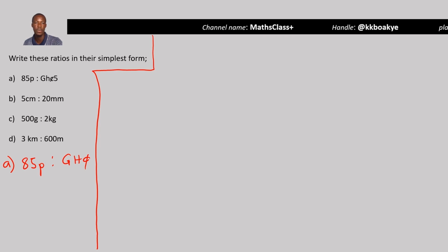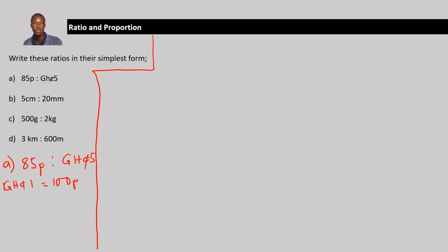We can't work with pesewas and cedis, so we need to convert one of them. And so we remember that 1 cedi is equal to 100 pesewas. So to get 5 cedis in pesewas, each cedi is 100 pesewas. So we have 5 of them. That will be 5 times 100 pesewas. And that will give us 500 pesewas.